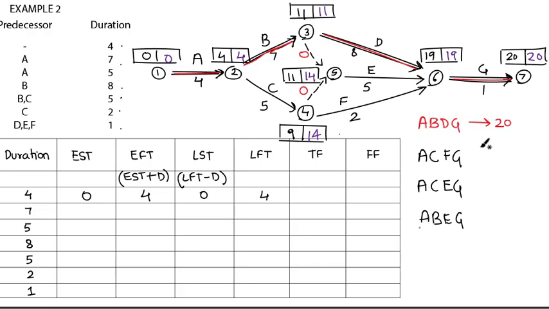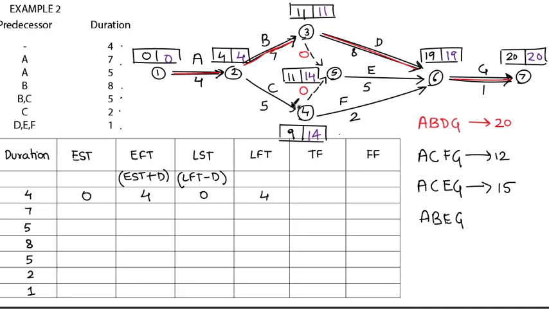I guess that's it. So A, C, F, G will be 4 plus 5, 9, 9 plus 2, 11, 11 plus 1, 12 days. Similarly, A, C, E, G will be 4 plus 5, 9, 9 plus 5, 14, 14 plus 1 will give me 15.